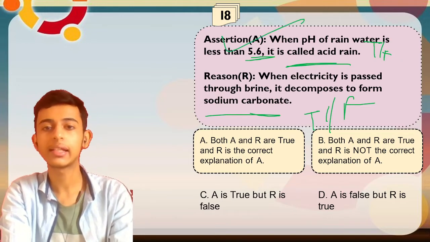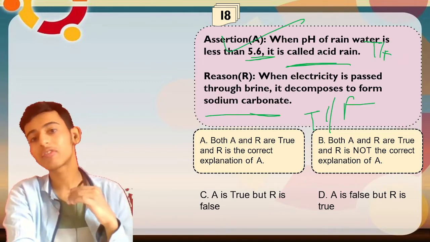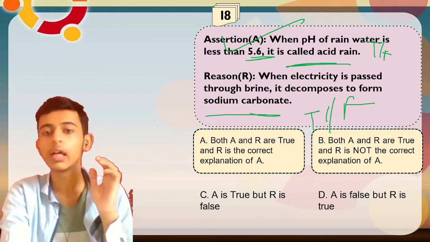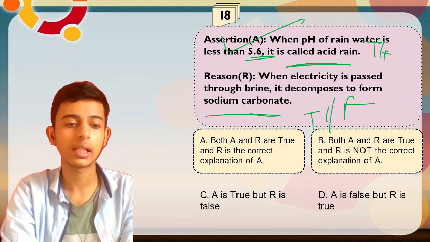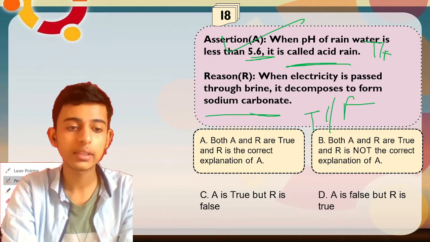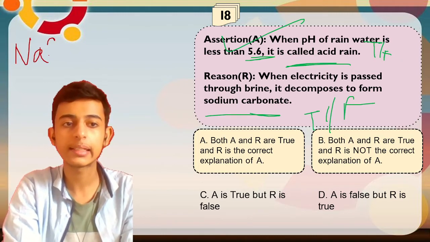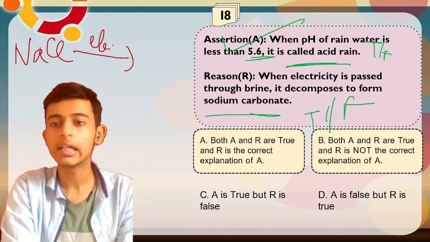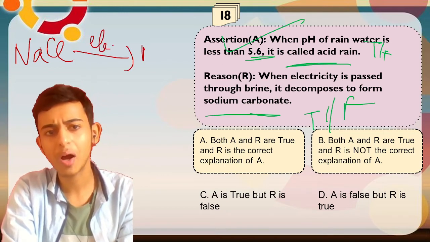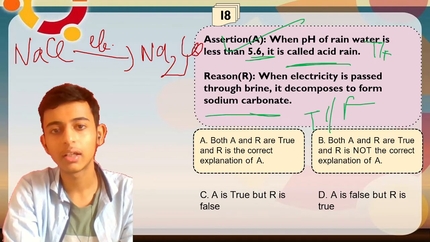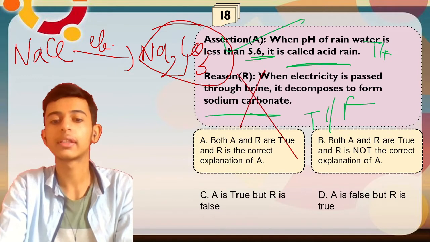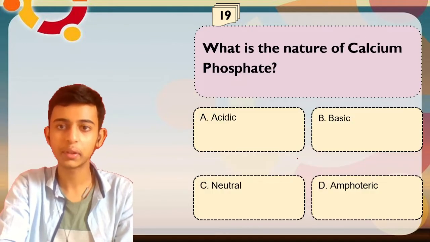This is absolutely correct, because when the pH of rainwater is less than 5.6, it is acid rain, that you all know. What is brine? Who's going to tell me? Brine is the aqueous solution of NaCl. When electricity is passed through it, it decomposes to form sodium carbonate. Do you think so? Here we are not at all talking about carbonate. So this is wrong. The answer is assertion is true, reason is false.